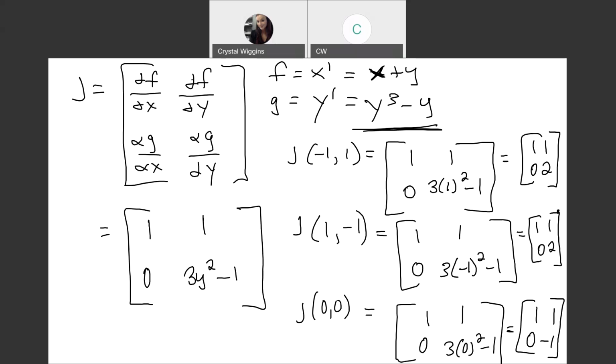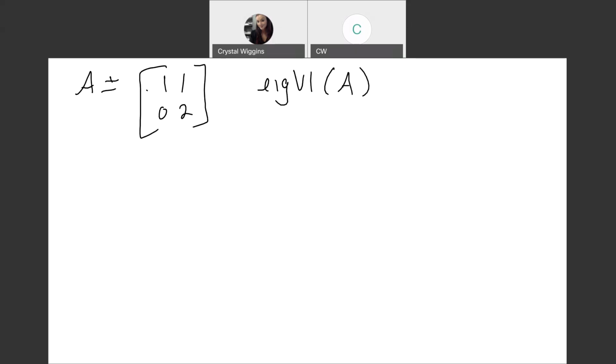Now that we have our Jacobian matrices for specifically the fixed points, we then follow the same process that we did in the last section with finding eigenvalues and then determining the stability based on the eigenvalue output. Since we only have two matrices to play with, the first one was [1, 1; 0, 2], which was produced by two of those fixed points. So we find the eigenvalues of this matrix, and we find that the eigenvalues are 1 and 2.